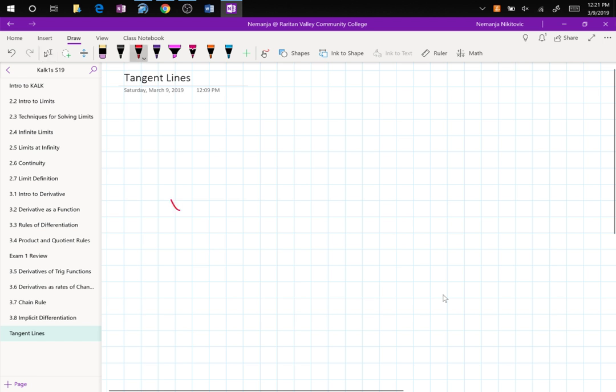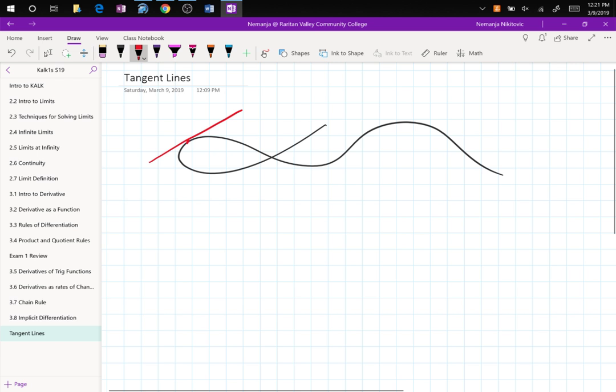So if you have any kind of a curve, you can find a tangent line at any given point, right? It doesn't matter where you look, there is going to be a tangent line.